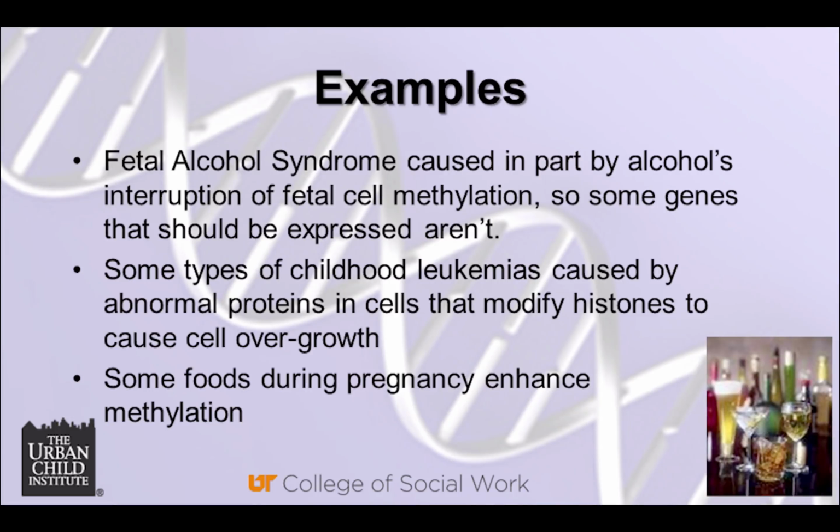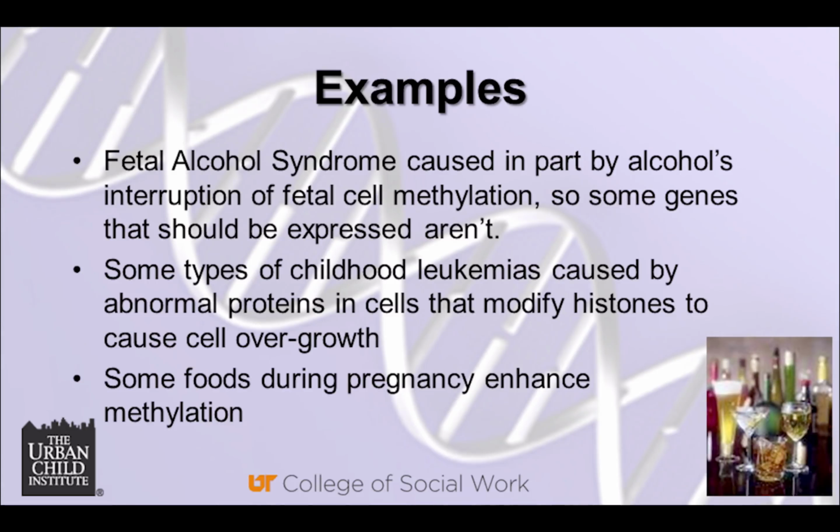Just for emphasis, let me give you a few examples of some of these processes that we understand. We understand some a lot better than others. Fetal Alcohol Syndrome, caused by excessive drinking during pregnancy, is caused in part by the methyl in alcohol, and it interrupts fetal cell methylation during key points of development of the fetus.